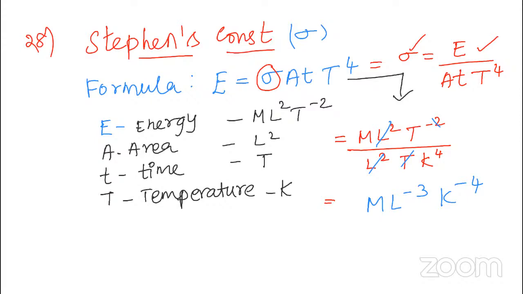Sorry, it is T. Okay. M T power minus 3 and K power minus 4. So this is the dimensional formula for Stefan constant.